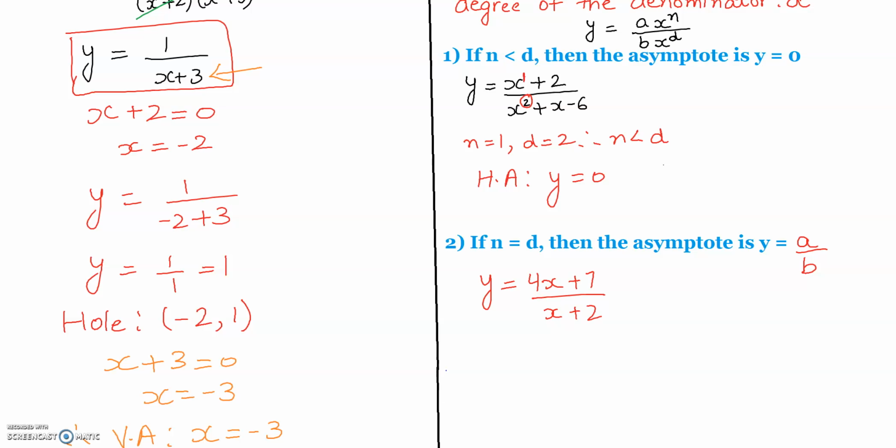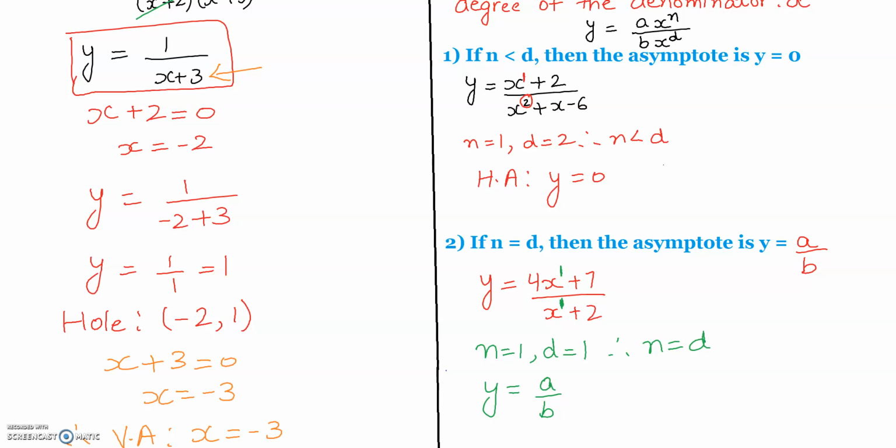Again, we're going to look at the n and d values. n is equal to 1, which is here. d is equal to 1 as well, which is here. Therefore, n is equal to d, and we can say y is equal to a over b.